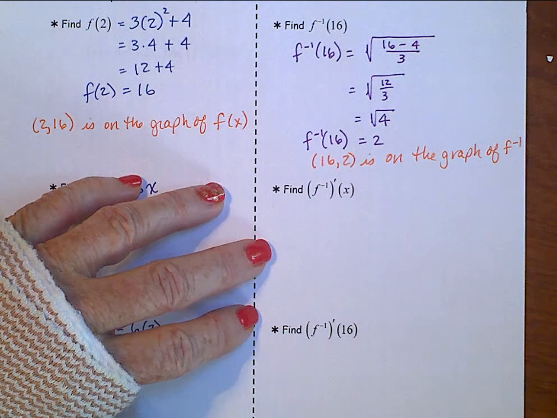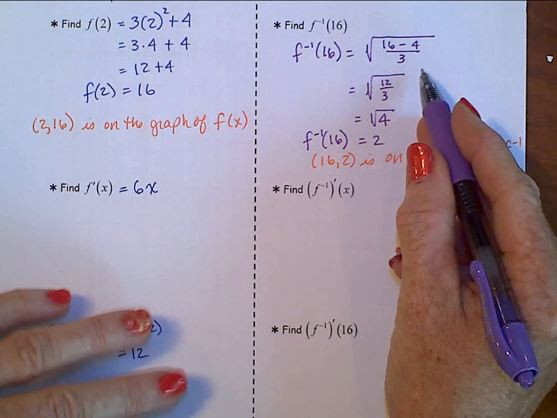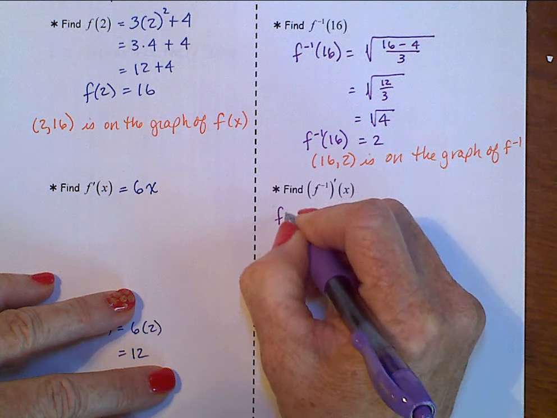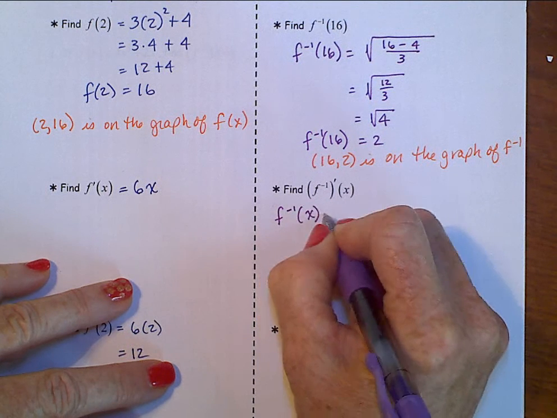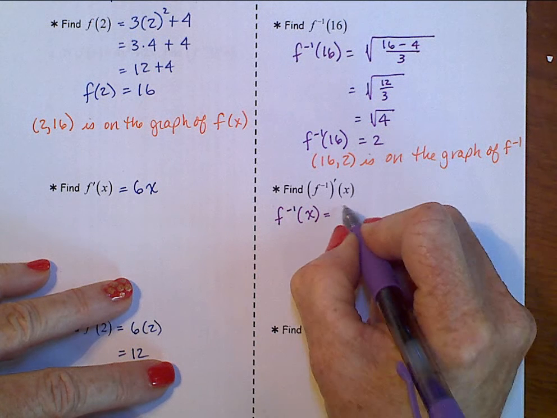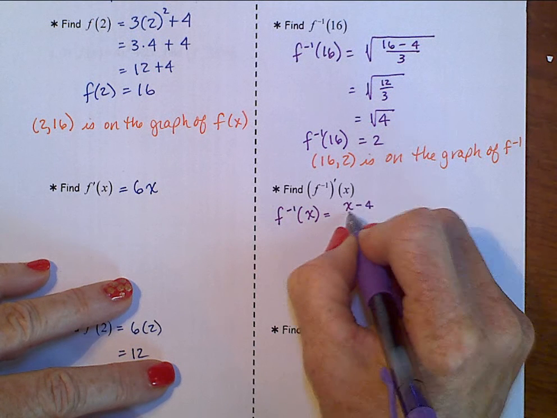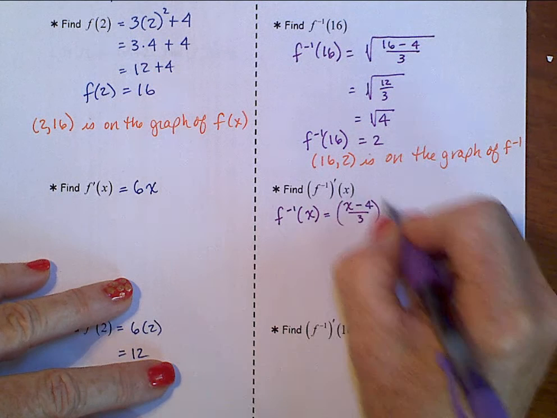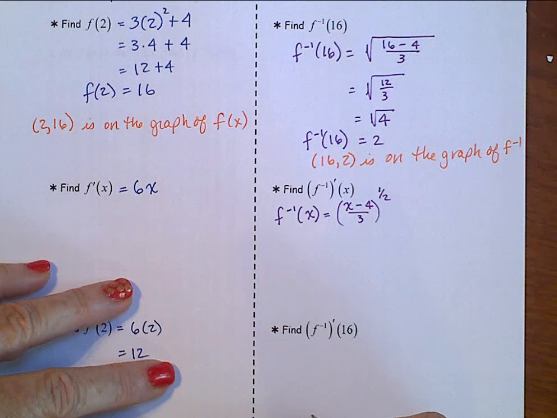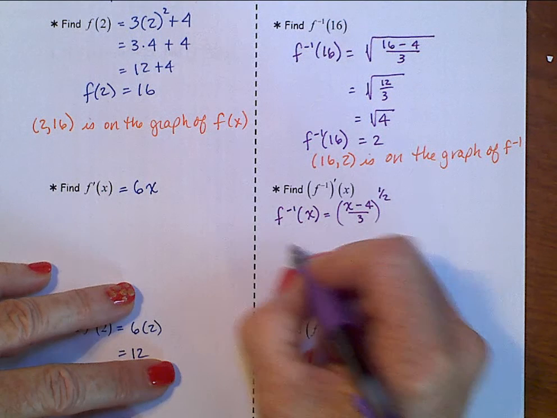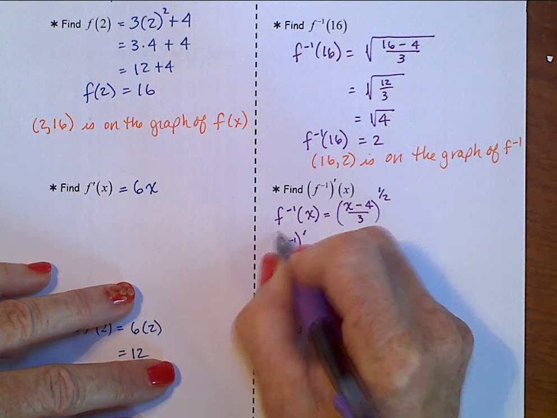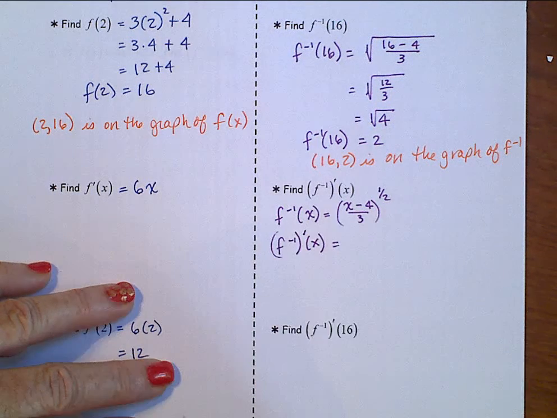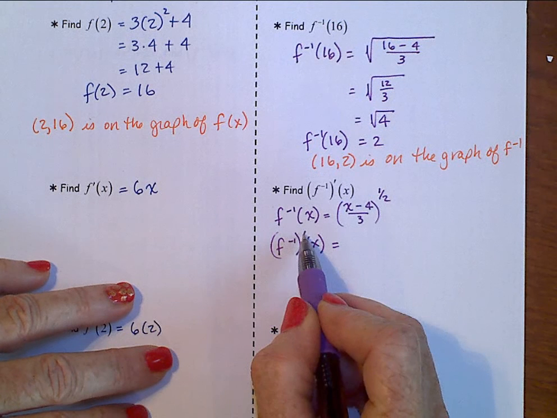All right, now let's go back over here and let's find the derivative of the inverse. Well, first thing, let's rewrite that inverse as x minus 4 all over 3 to the half. Now let's do a derivative. Watch the notation. F inverse prime of x.